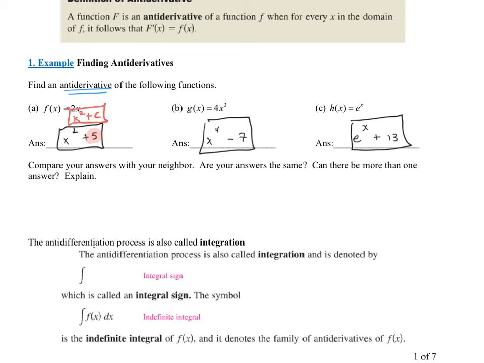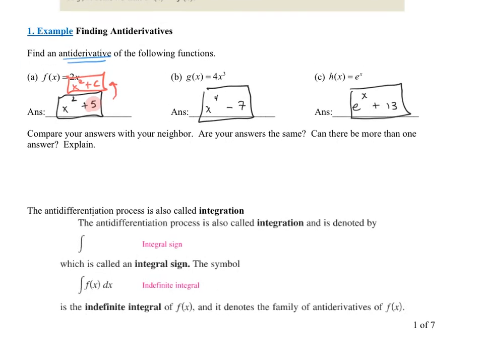The reason why is because for any constant c, the derivative of x squared plus c is 2x. So this right here is the family of functions. X squared plus c is the family of functions that are antiderivatives. There's never one answer. There's actually an infinite number of answers to every single antiderivative problem.